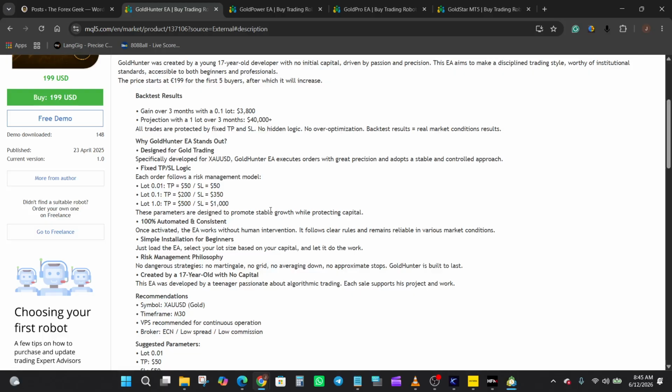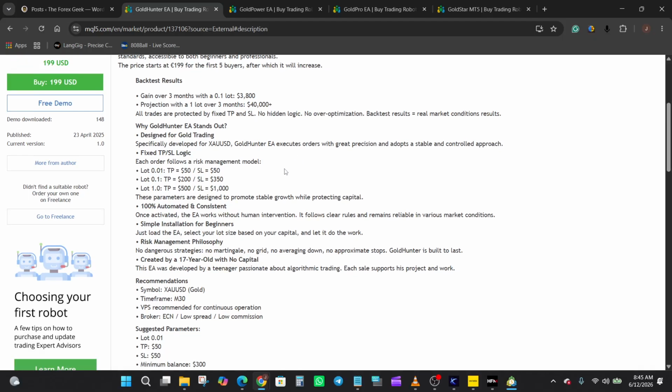Now, another notable aspect is the straightforward approach to automation. Once the EA is attached and configured, it operates without manual intervention.